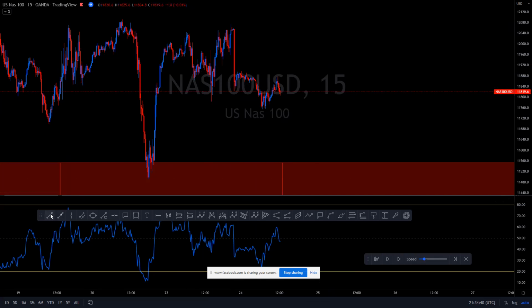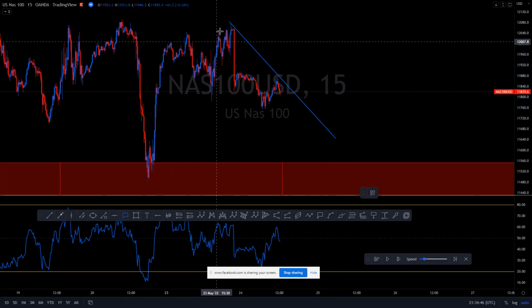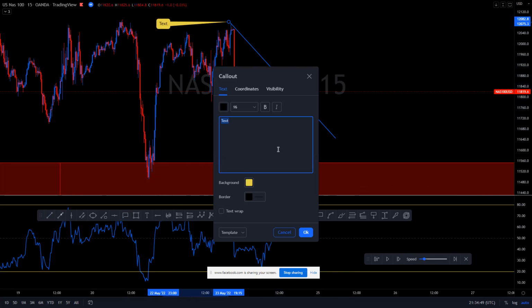So typically what I did was draw a trend line here, and then I pretty much labeled it. There's the trend line. All right.